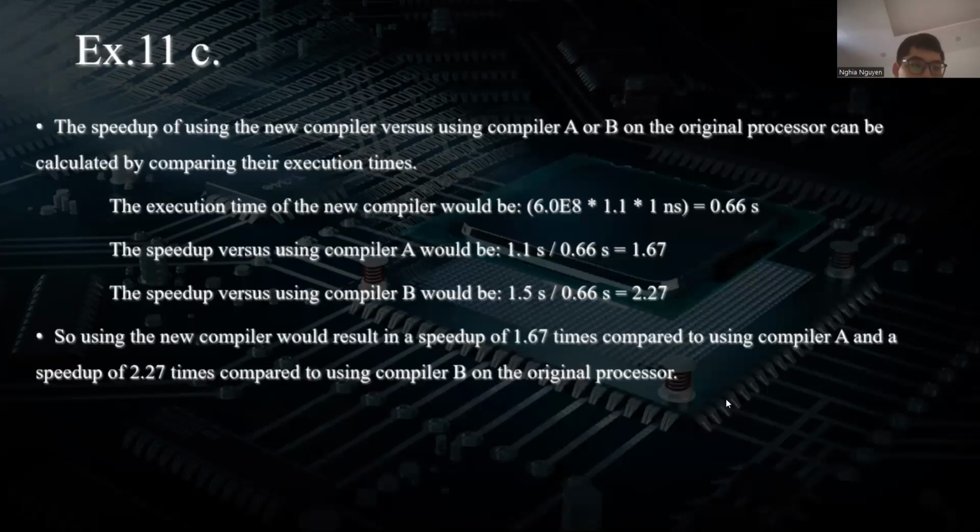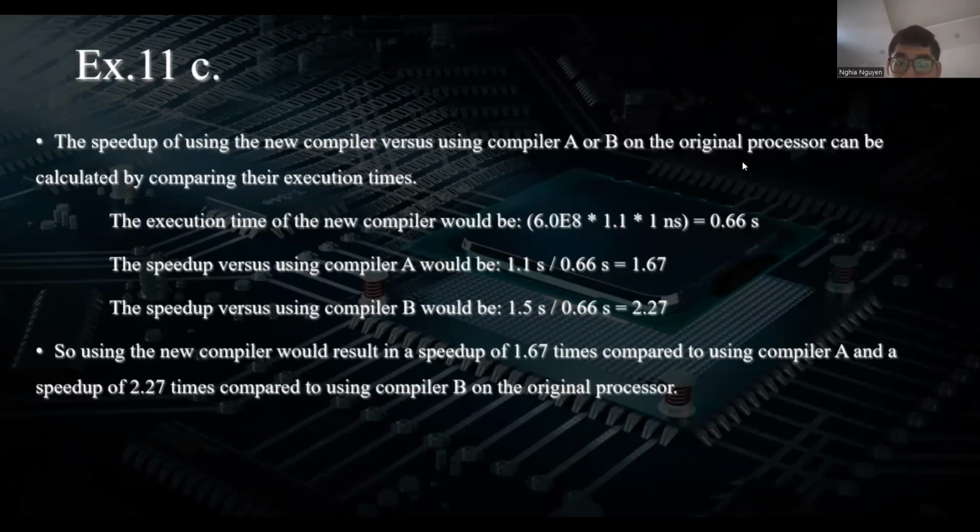And finally, part C. The speedup of using the new compiler version, using compiler A or B on the original processor, can be calculated by comparing the execution times.